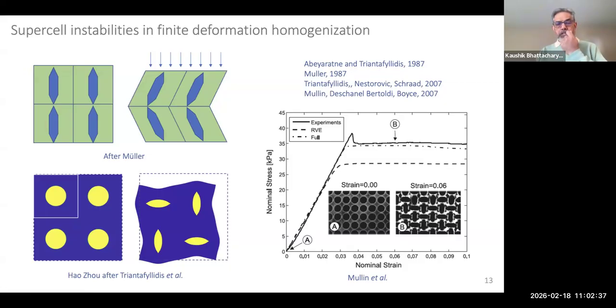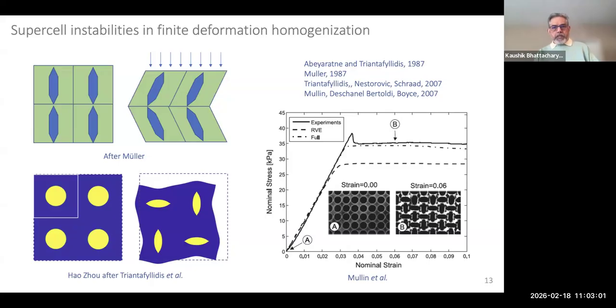So this is really a consequence of the fact that the energy is not convex, and therefore taking a larger unit cell may give rise to a very different homogenized behavior than taking an original unit cell.